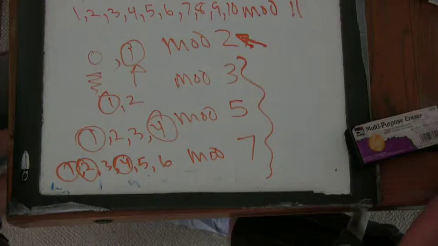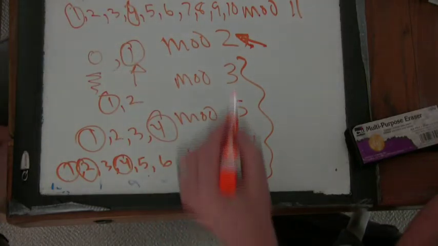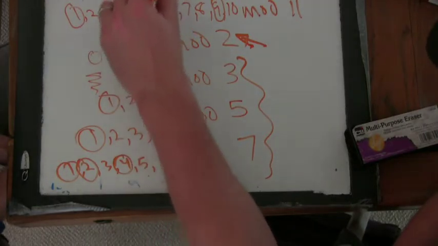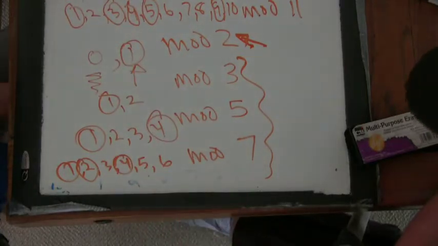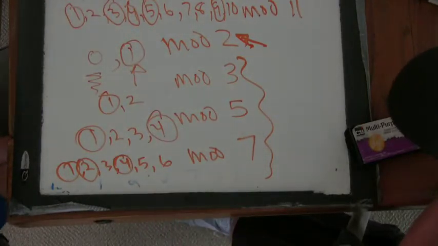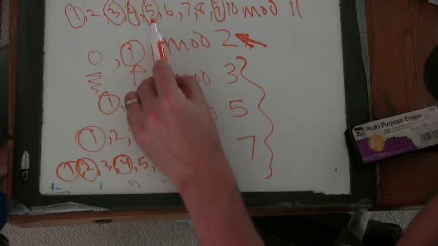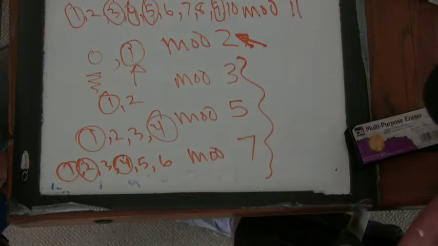Let's see if we can do it. So 1 works. 4 works. 3 squared is 9, so 9 would work. 4 squared is 16, so 5 would work. 5 squared is 25, so 3 would work. 6 squared is 36, 3 again. 49, 5 again. 8 squared is 64, that would be 9 again. 9 squared is 81, 4 again. 10 squared is 1 again.